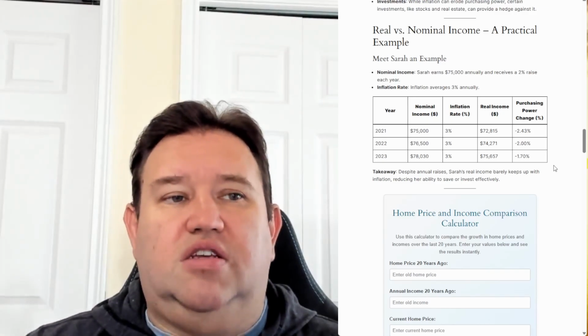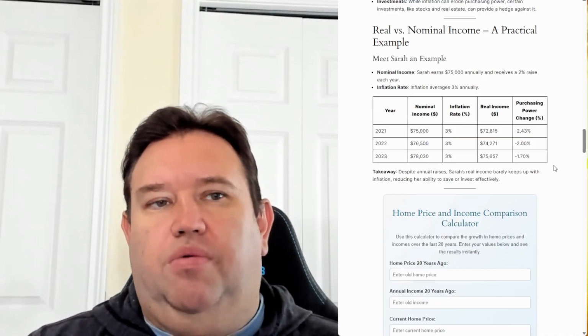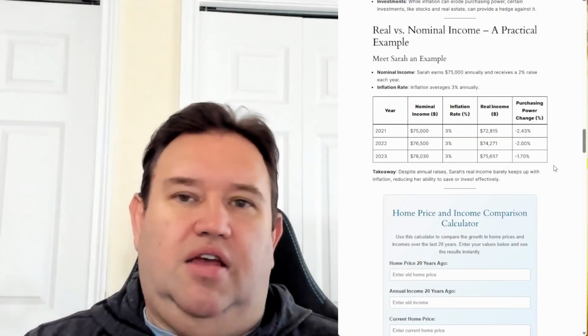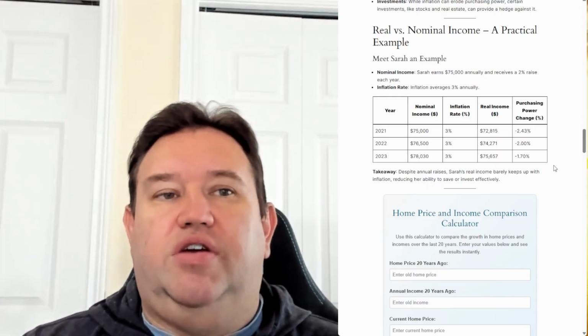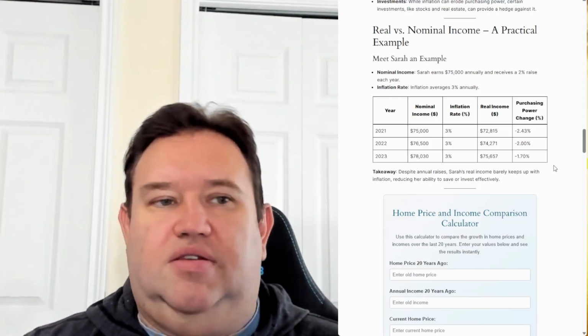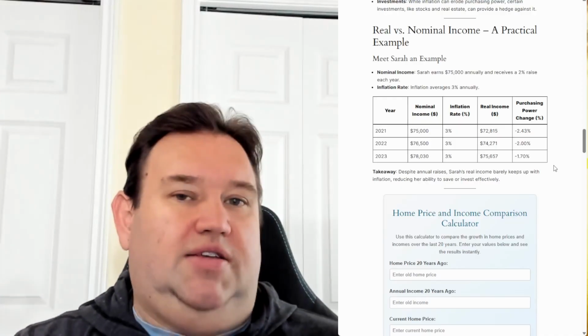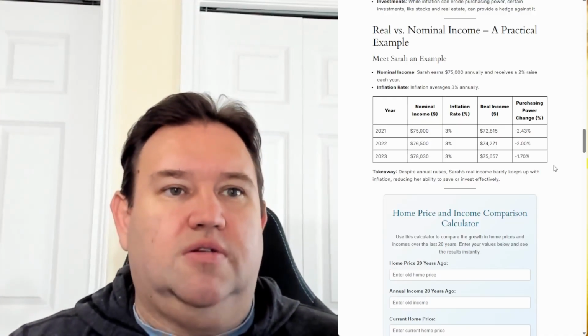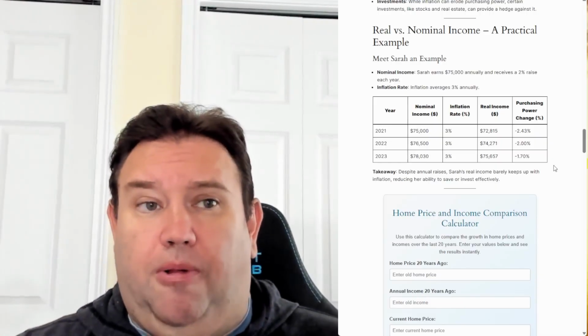So she has seen a slow decrease in her actual purchasing power and her real income because her salary is not going up as fast as inflation. Yes, her pay has gone up a little bit, but it's gone up less than the cost of the basket of goods. And I think this is a situation for a lot of people.